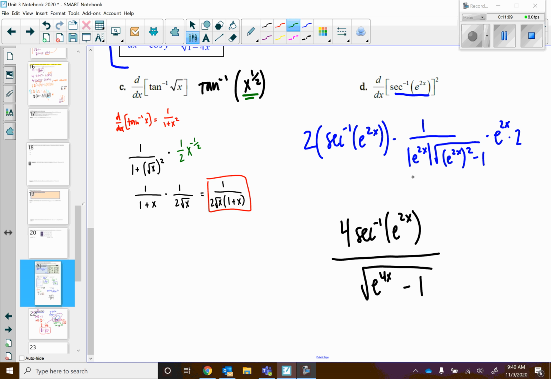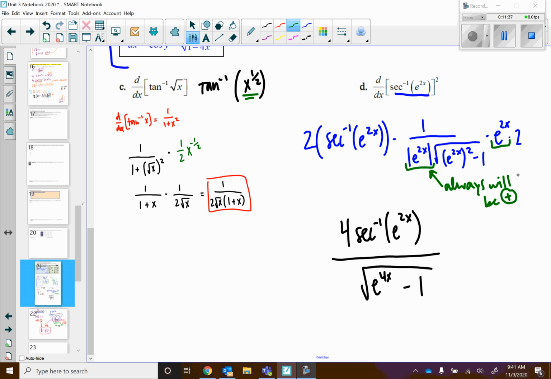And you're wondering why I didn't put this guy in the denominator or this guy. Well, let's think about it for a second. Any e to whatever power will always be positive, right? E squared is going to be a positive number. E to the negative 2 is just 1 over e squared, not negative. This will always be positive.